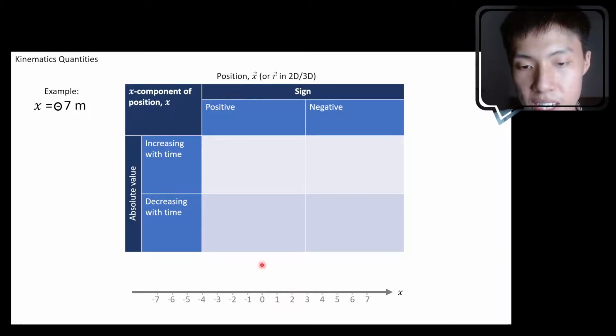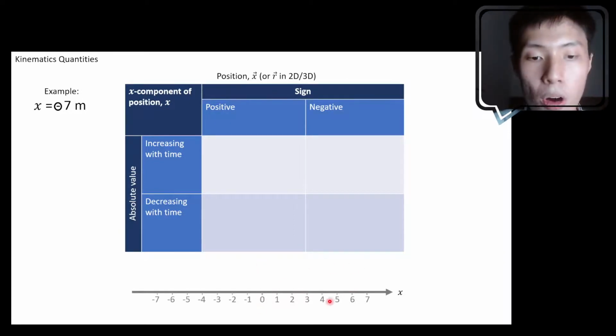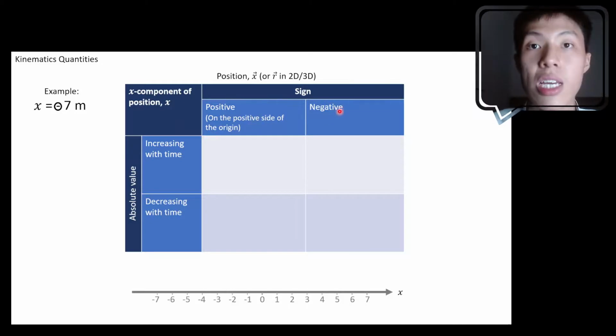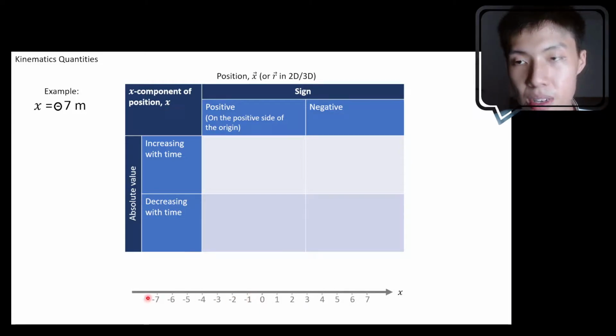So if this is the origin, it is on the positive side of the origin. If it's negative, it means it is on the negative side of the origin. Any negative number for our x, if you have a negative sign, it must be on the negative side of the origin.